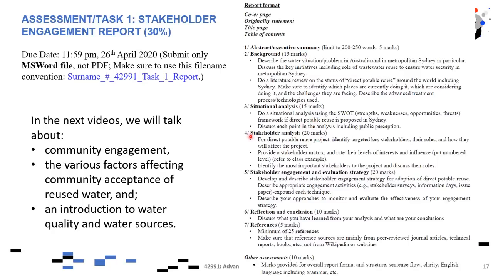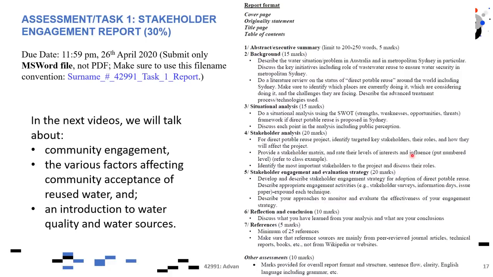The other one, section 4, is on stakeholder analysis. So you need to identify who are the key stakeholders for the building of a potable reuse plant, for example, and what are their roles, and in the stakeholder matrix, what levels of interest and influence they have.